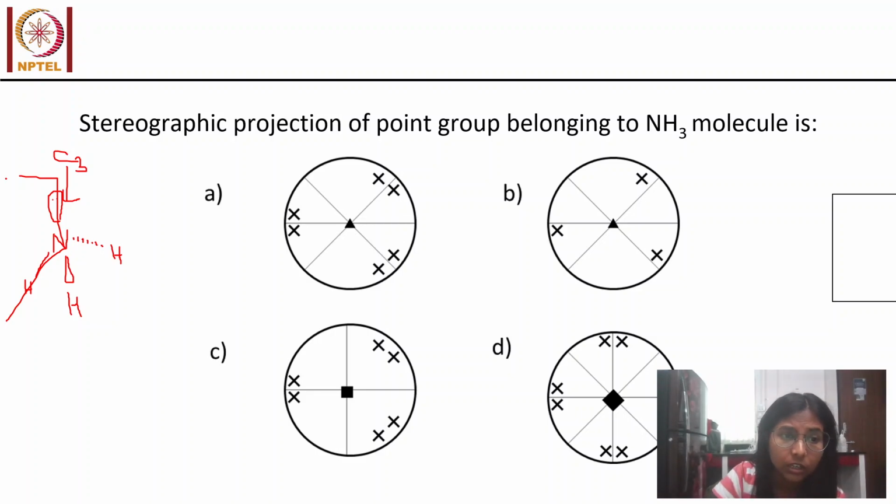Let me write down C3v. Now if the molecular symmetry is C3v, then what will be the point group? As we know, the point group is exactly similar to the molecular symmetry.